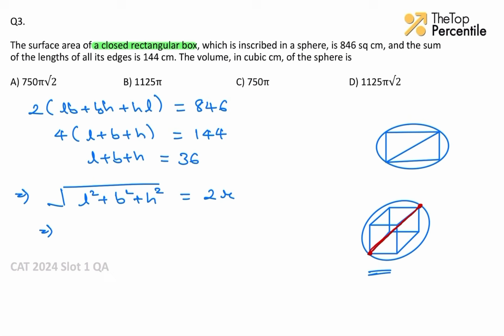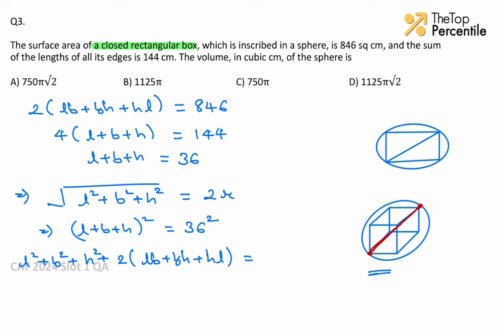Next, let's square L plus B plus H here. This will be 36 square. This will give me L square plus B square plus H square plus 2 into LB plus BH plus HL. 36 square will be 1296. So L square plus B square plus H square, I can find it out from here. Let's square it and I'll have 4R square.